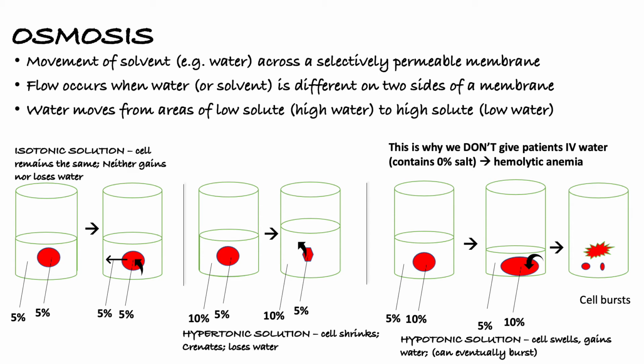What's going to happen with time is that, remember I said that water will move from an area of low solute to an area of high solute. So water will actually move out of the red blood cell. If you look, the water level increased a bit because the water came out, and this will cause the cell to shrink, or we use the word crenate. The cell will lose water.